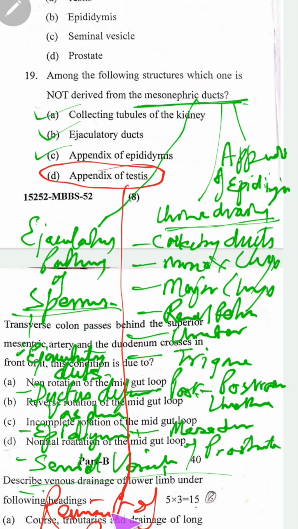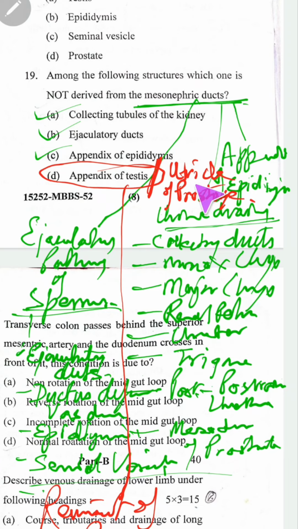It is all derived from the paramesonephric duct, also called Mullerian duct. So one remnant in males from the paramesonephric duct is the appendix of testis, and another is the utricle of prostate.